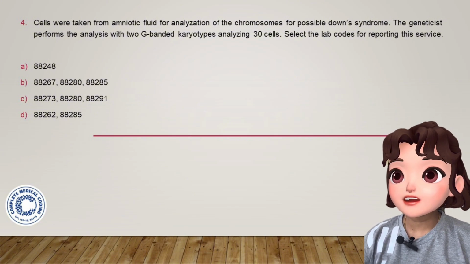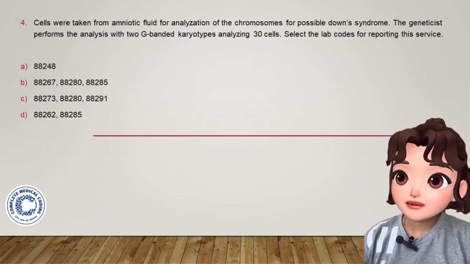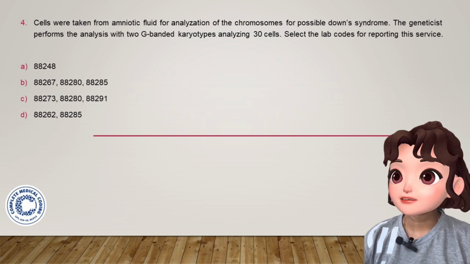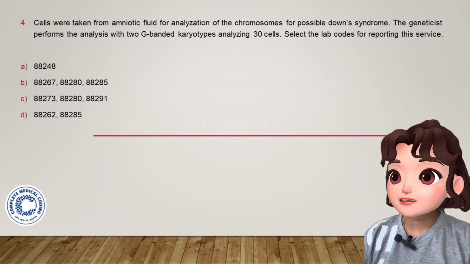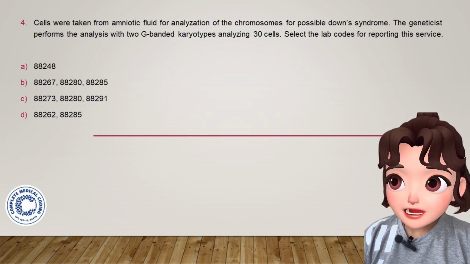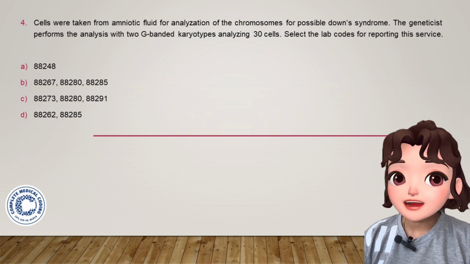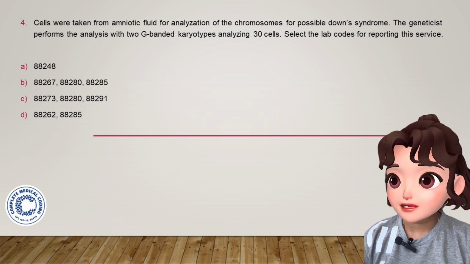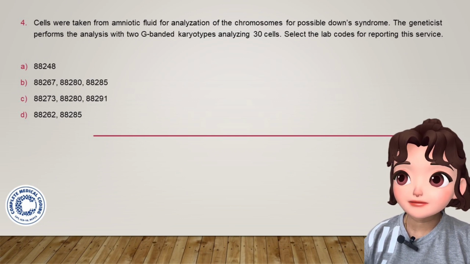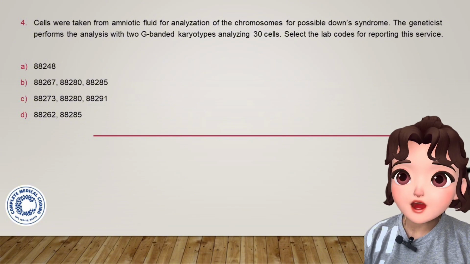So these all three should be coded together. That's why they have clearly mentioned in the question two G-banded karyotypes and analyzing 30 cells. And the sample is taken from amniotic fluid for the Down syndrome. So our answer will be option B.